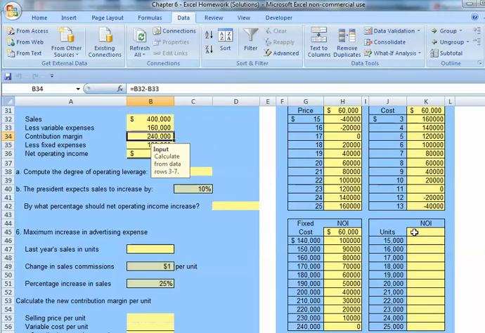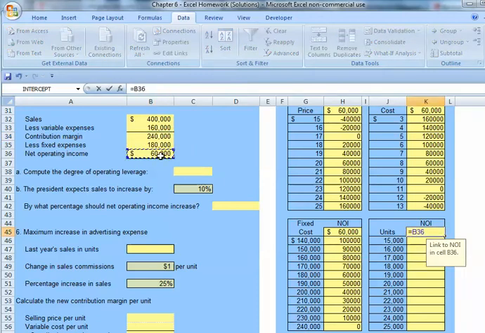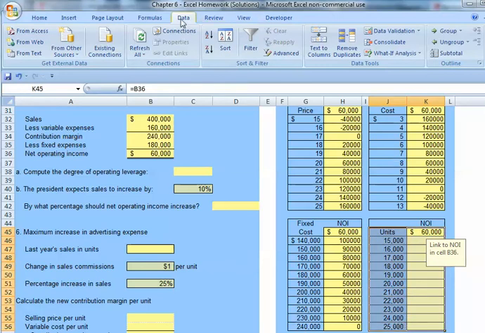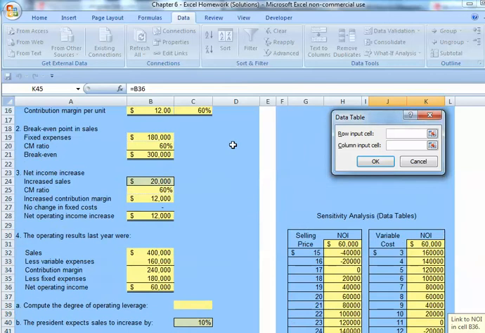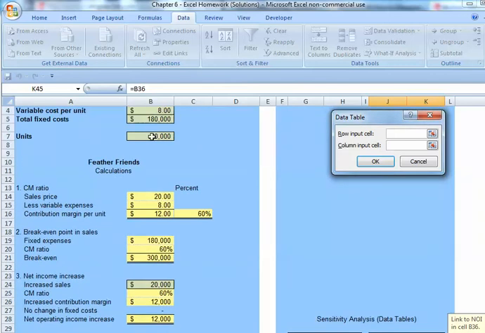Let's finally again do our net operating income based on changes in units. Again, linking to our net operating income, highlight cells, go up to our main menu, Data, What If, Data Table. Again, we have column inputs. We want to put these unit cells into cell B7.